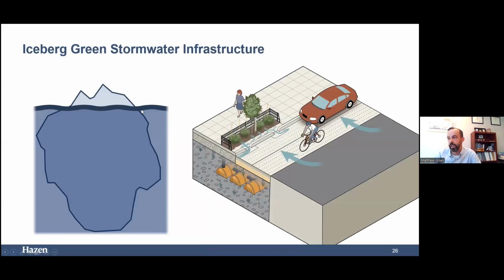And then I mentioned another scenario you want to look at. It's essentially an upsized bioretention. Now that doesn't have to be an iceberg bioretention per se, but particularly in urban areas that may involve something where you have a shallow surface footprint and a larger subsurface footprint, hence the iceberg reference.